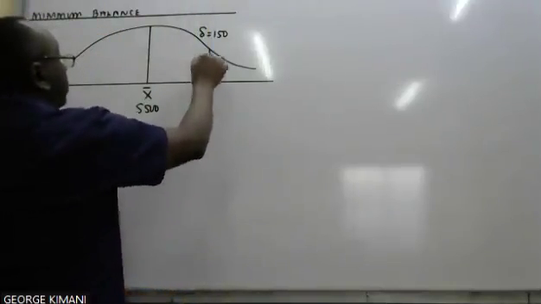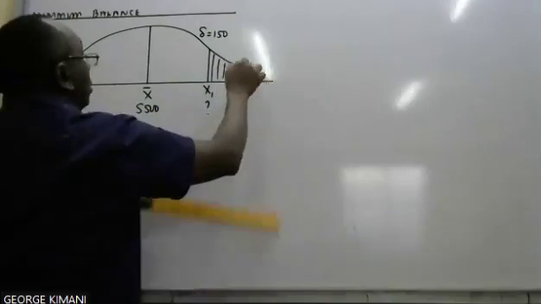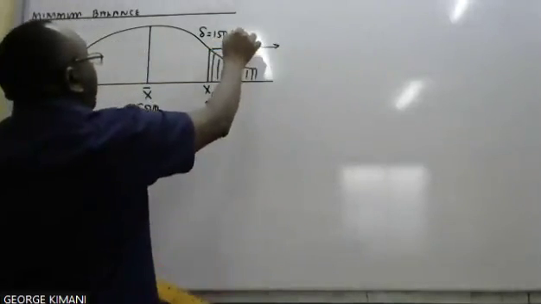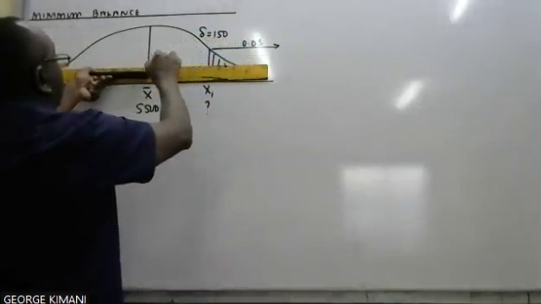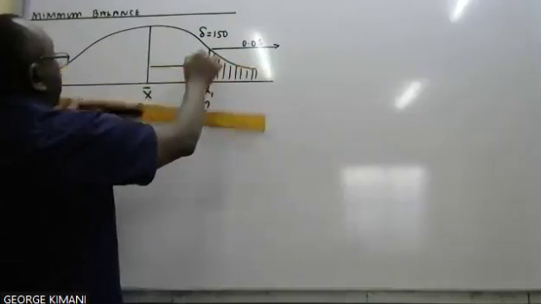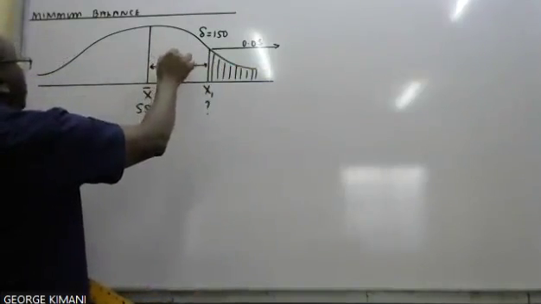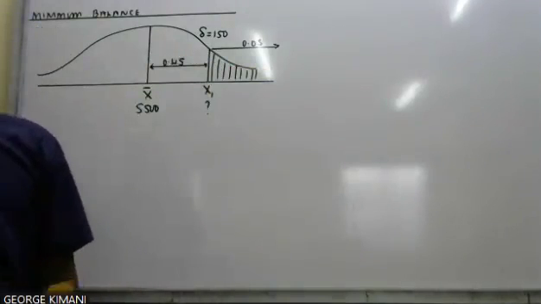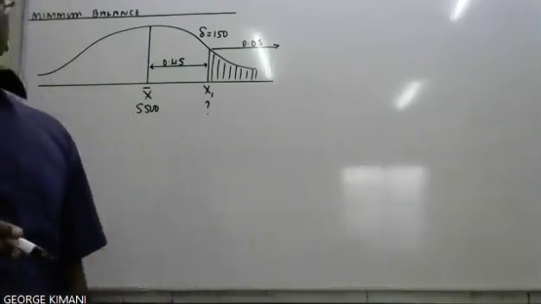This is the one we do not know. And we know that the whole of this should just be 5%, 0.05. So that tells you that this space that remains here is 0.45. Because we said that the whole of that should be 0.5.